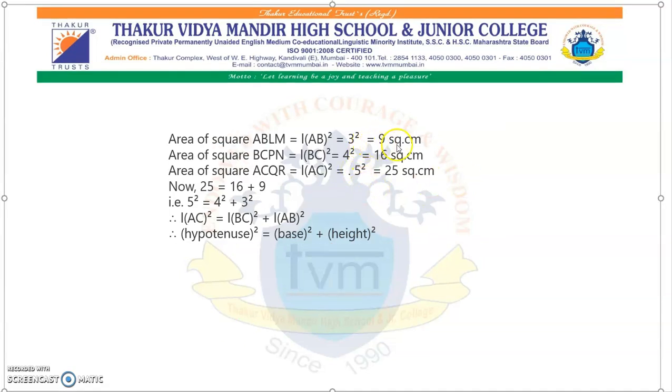Square of 3 is 9, square of 4 is 16, square of 5 is 25. Now 25 equals 16 plus 9. So length AC square equals length BC square plus length AB square. So hypotenuse square equals base square plus height square.